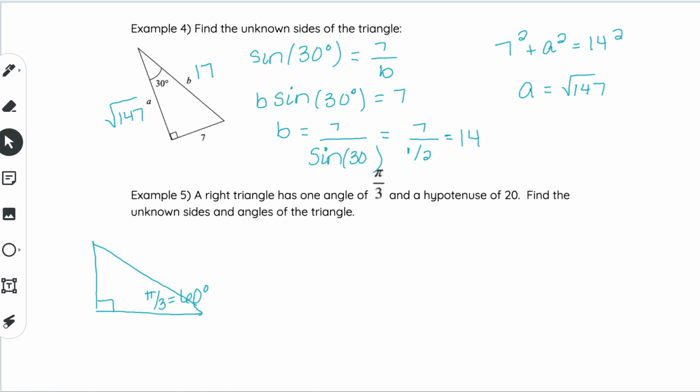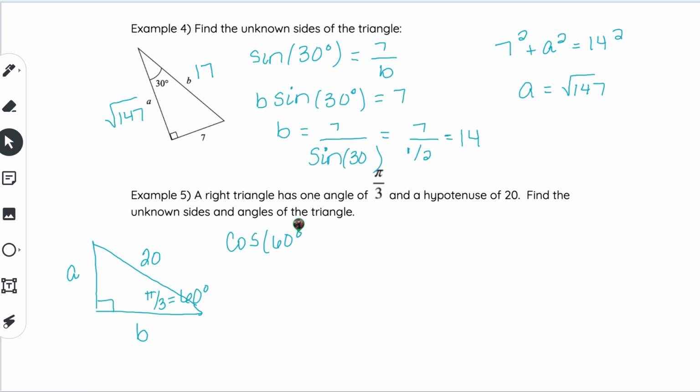And it tells us the hypotenuse is 20. But we don't know the opposite side, and we don't know the adjacent side. Here you could use sine or cosine, because either one of them would give you the hypotenuse. And since we used sine last time, let's use cosine.